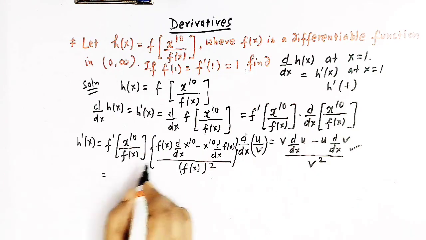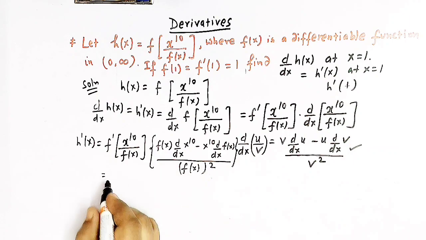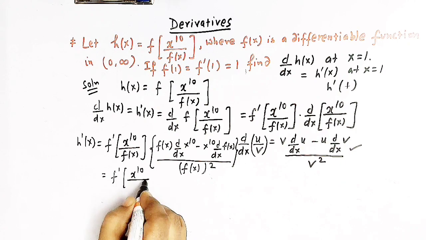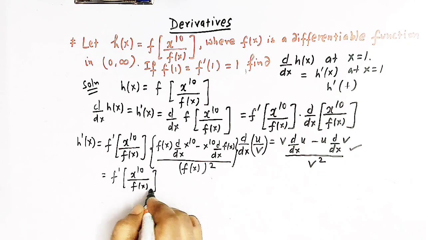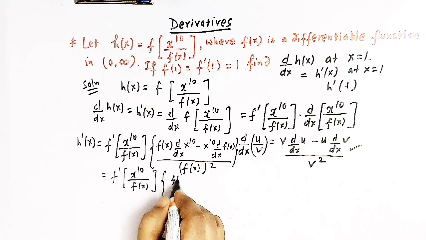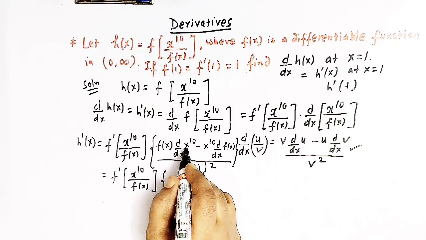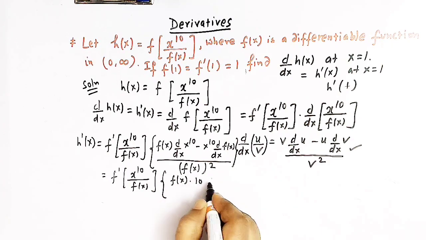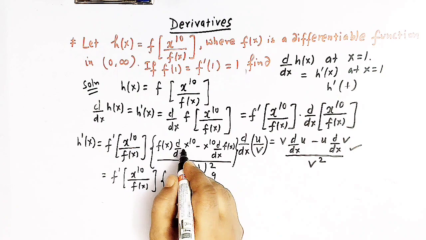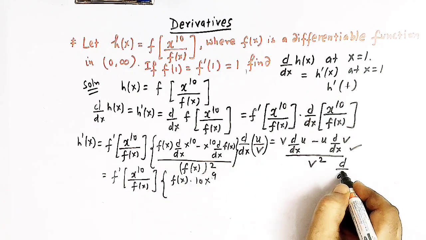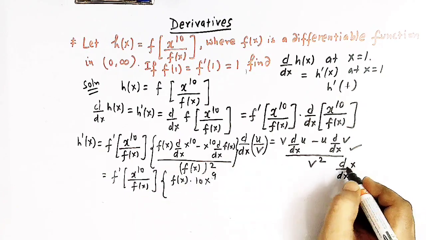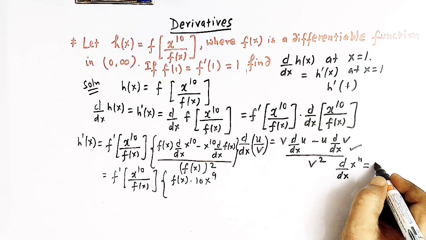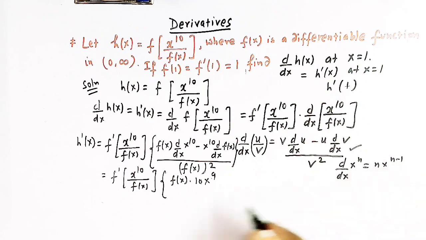Okay, so now we can simplify this expression by writing f prime of x raised to 10 divided by f of x, then f of x times the derivative of x raised to 10 with respect to x, which is 10 times x raised to 9. Here we have used the power rule, that is the derivative of x raised to n with respect to x is n x raised to n minus 1, right?